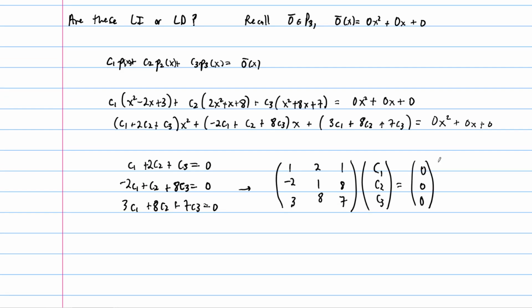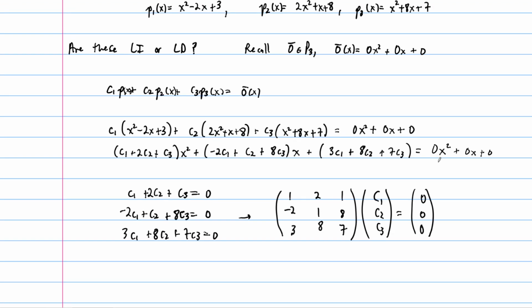Now, just scroll up a little bit and we can compare, right? Notice that the first column of this matrix is the coefficients of the first polynomial. The second column, the coefficients are of this polynomial, and the third column, the coefficients are of this polynomial.